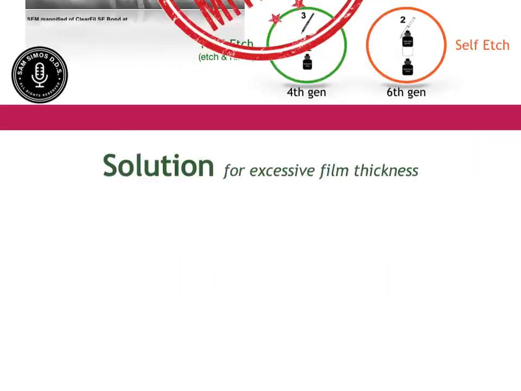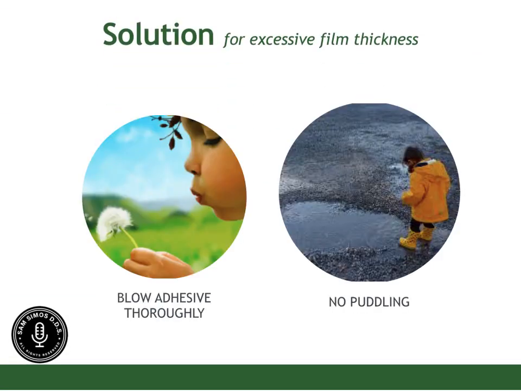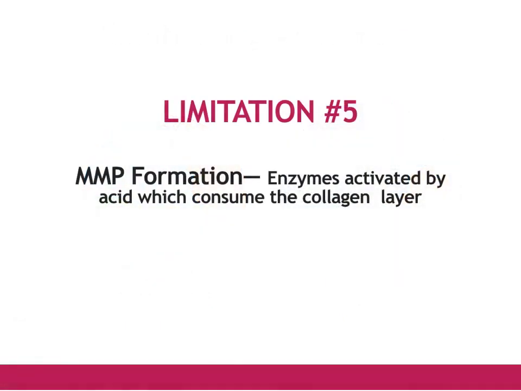So how do we mitigate this risk? Well, we need to blow the adhesive thoroughly, and we might need to make sure that there's no puddling. This happens usually through either wiping it with the applicator or blowing it really thoroughly, so we have no puddling in the tooth.